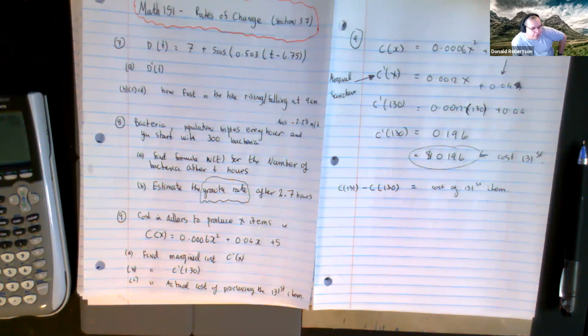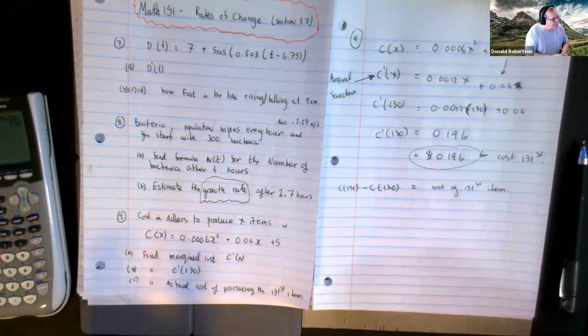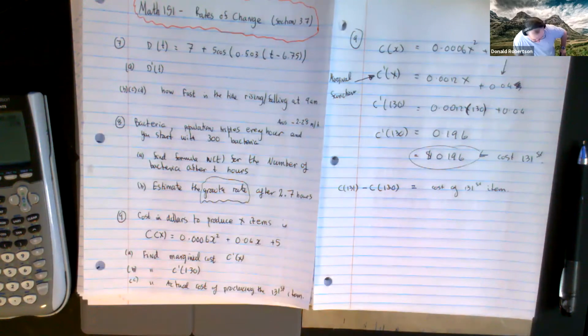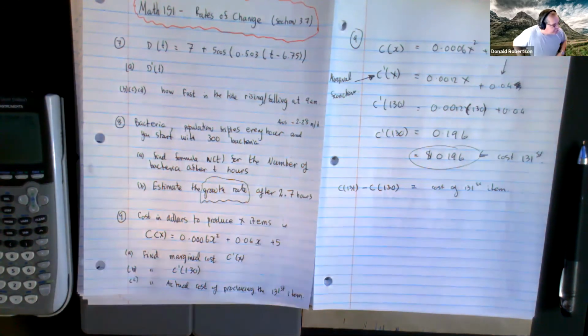If at the same time you produce 200, can you imagine the cost would be different? Because you're sharing the cost of producing it amongst a lot of items. So the more items you produce, the unit cost very often tends to go down.